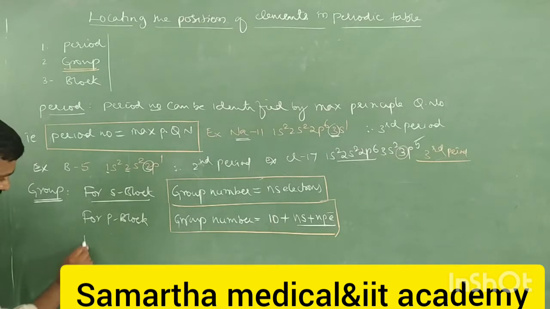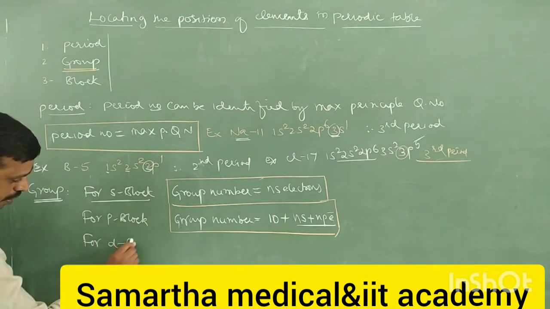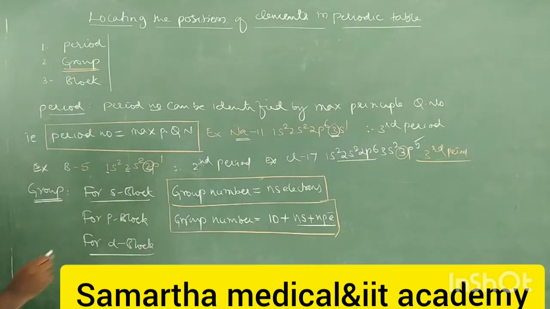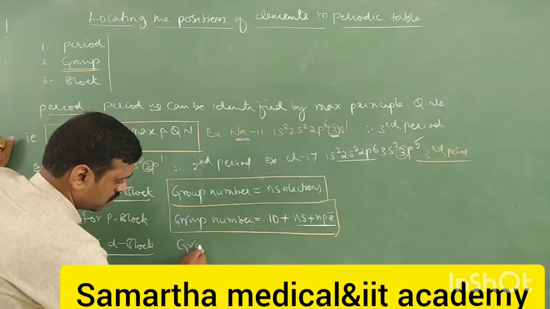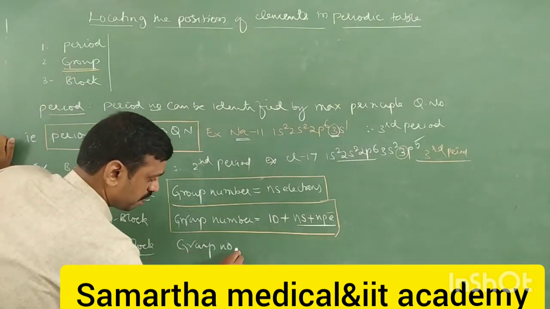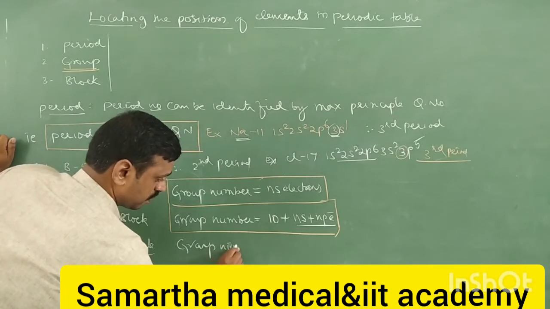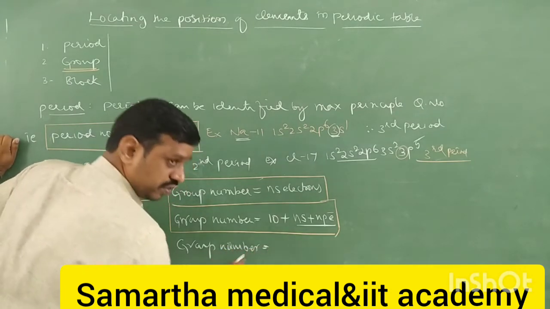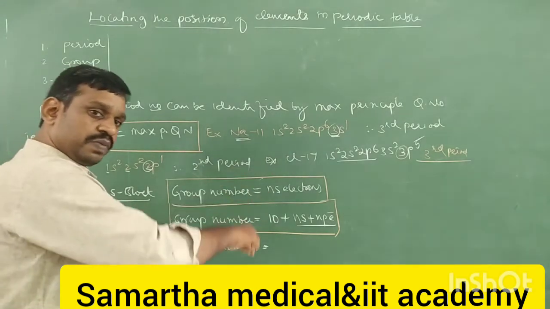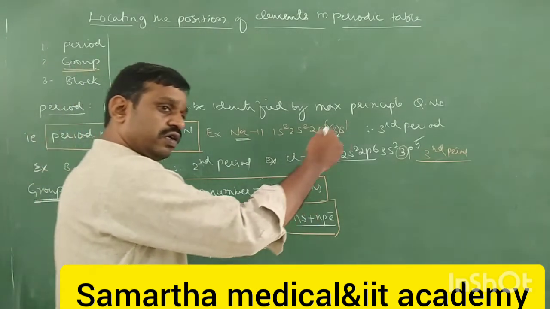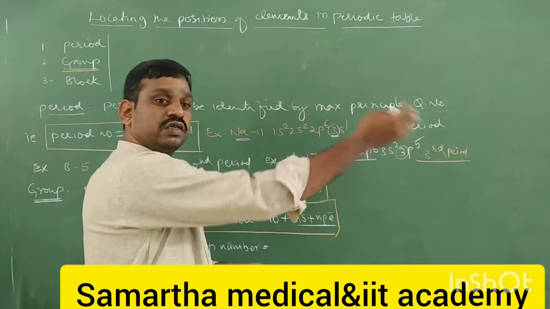Next, in the case of d block elements, what is the group number? Where are the d block elements present? From 3 to 12, after the s block. Electron enters the s block, then after the s block electron enters the (n minus 1)d.